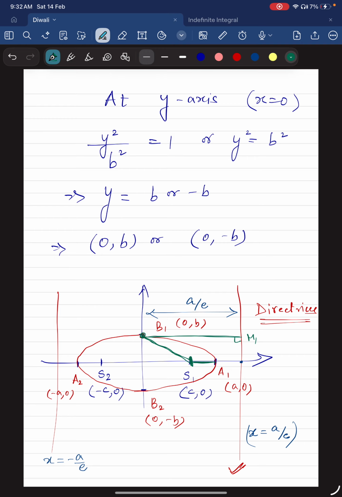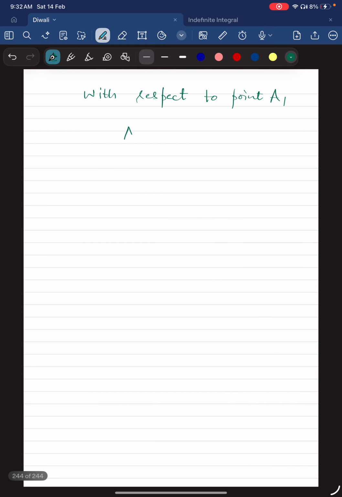A1 S1 would be the distance of A1 from focus S1, and A1 N1 would be the distance of vertex A1 from the directrix corresponding to focus S1, and their ratio A1 S1 upon A1 N1 would also be equal to what?